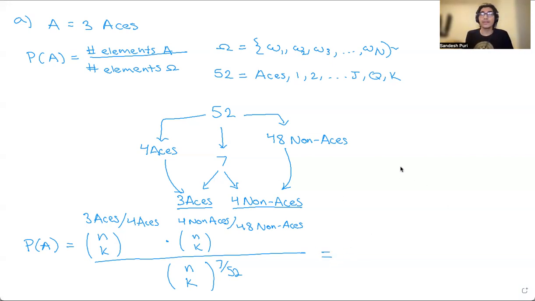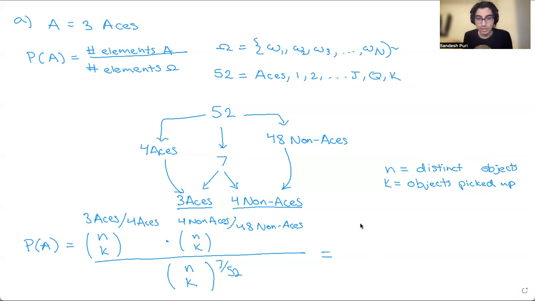So recall that N is the number of distinct objects but K is how many objects we're picking up.